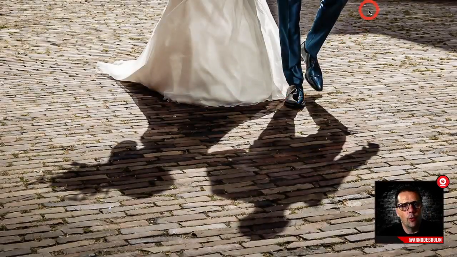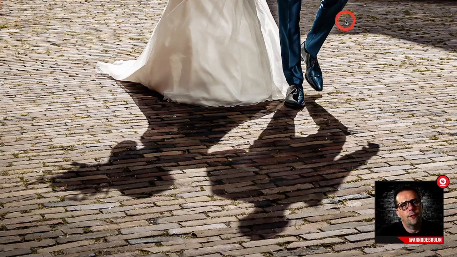In this image we used the sunlight, but you also can use a speedlight. But this is sunlight that creates a shadow on the ground while they're walking. We lit the couple with the environment light of the sun, and because the sun was at the other side of the couple, that creates a rim light and an extra silhouette on the floor, on the ground.